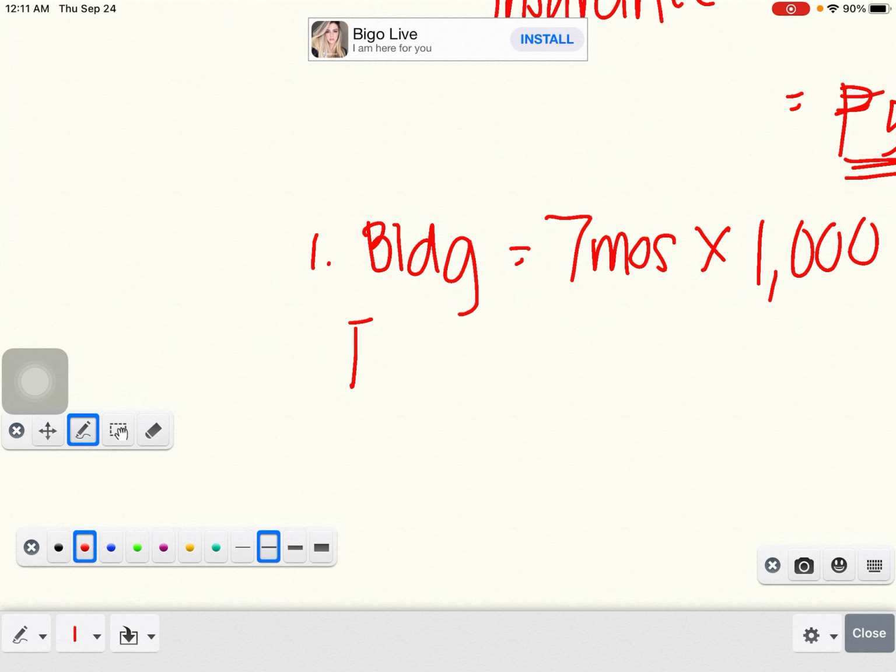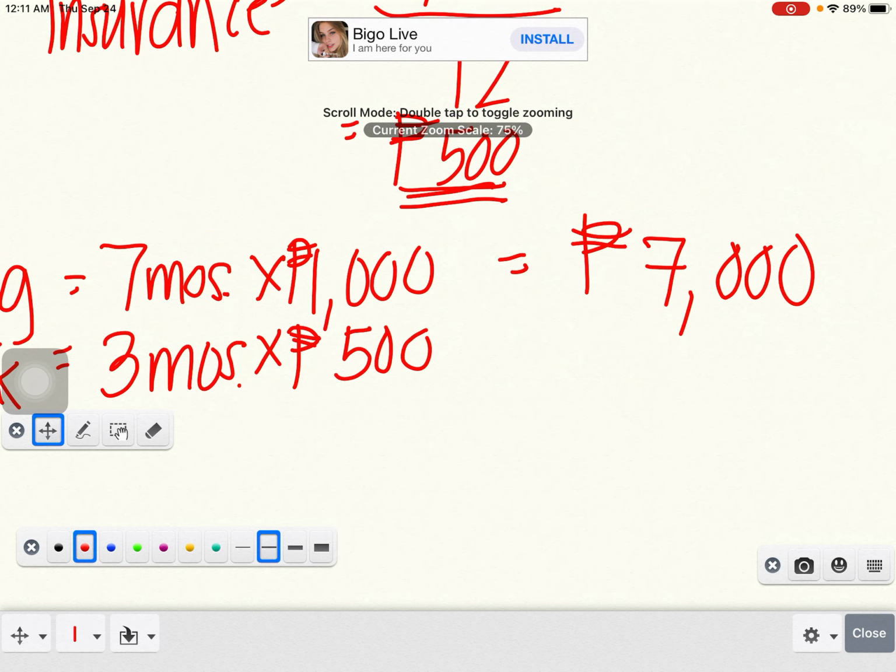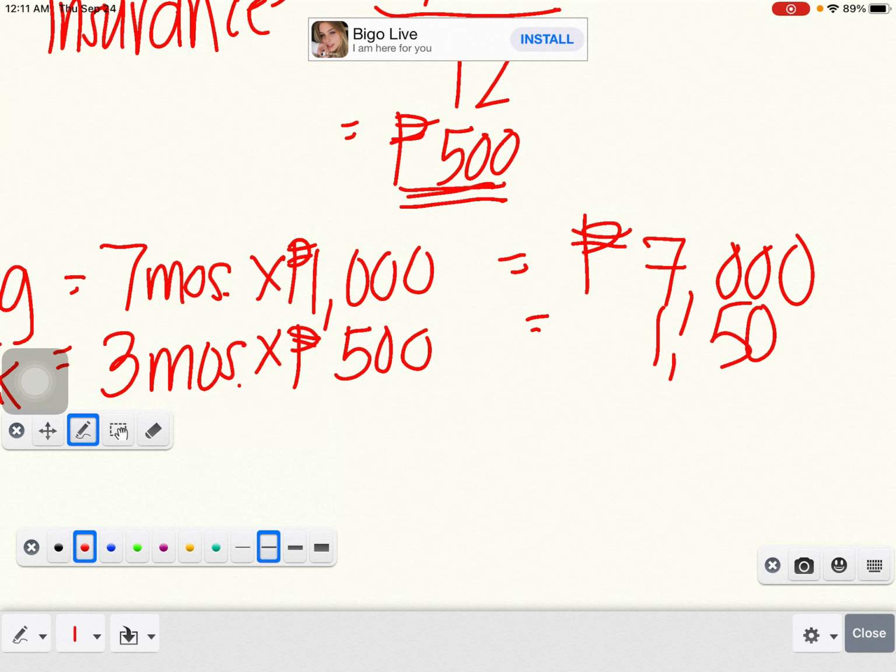Truck is good for 3 months times 500. So that is a total of 1,500.